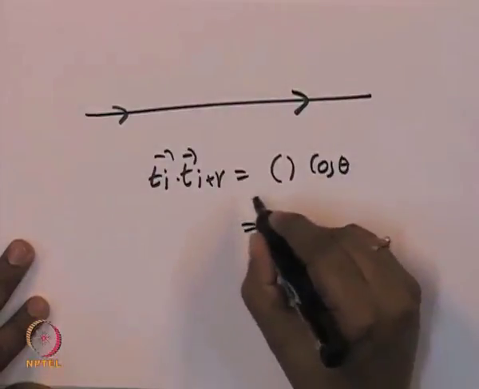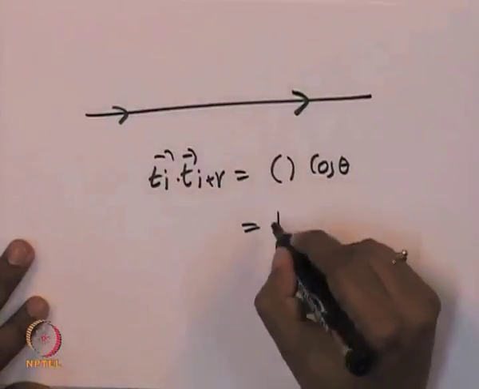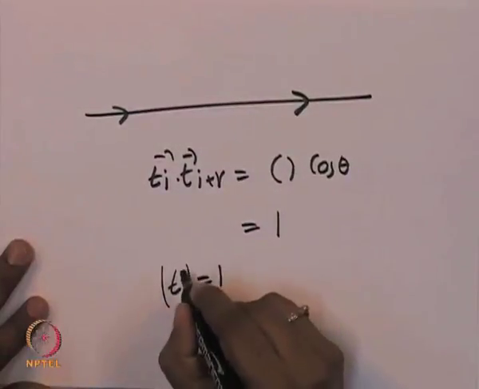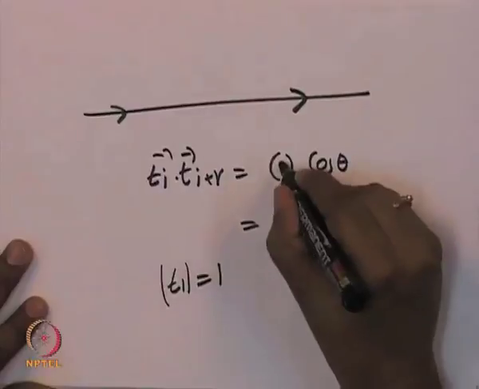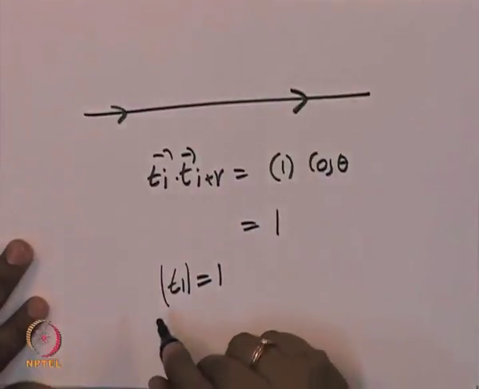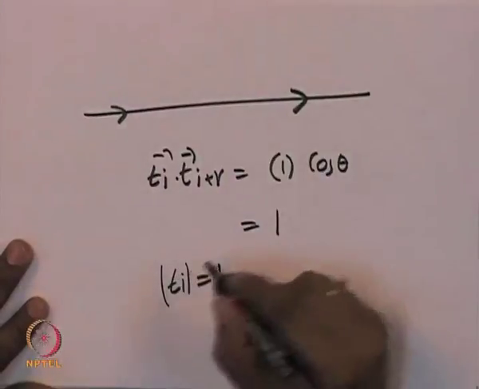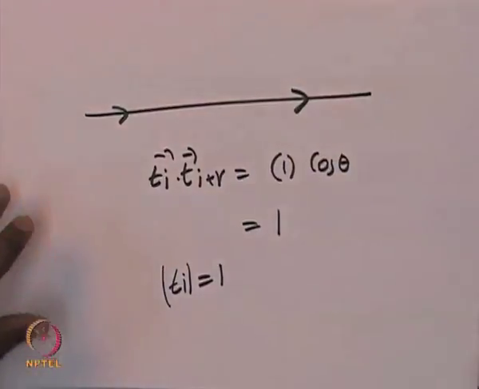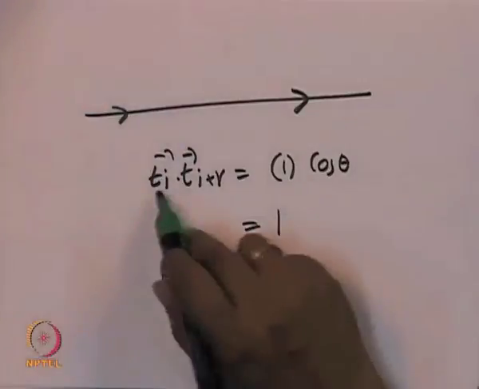If you take these as unit vectors, this answer will be 1. On the other hand, if they are bent, this will turn out to be smaller than 1.